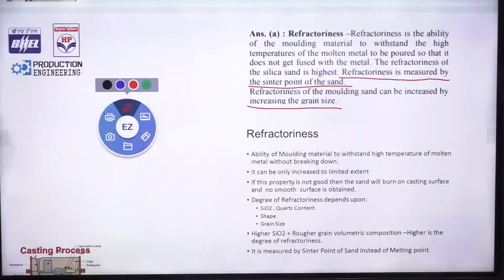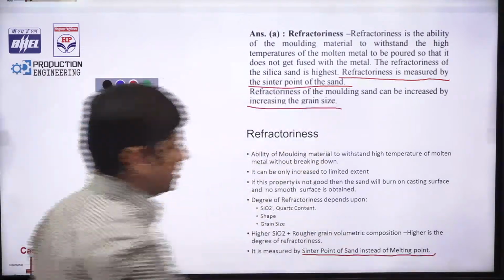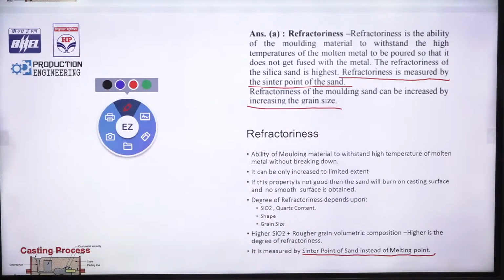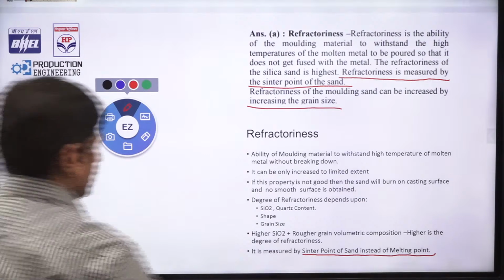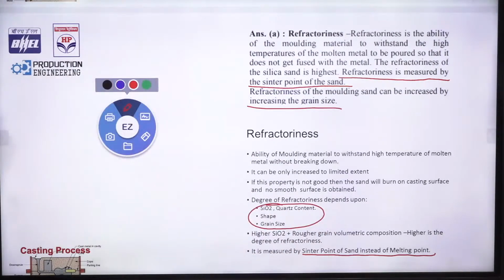As you increase the grain size, refractoriness also increases. Sinter point or melting point. So the sinter point measures the refractoriness. So remember this sinter point, and it depends upon the kind of sand you have: silica SiO2, the shape of it, and the grain size. These are the parameters which decide the refractoriness.